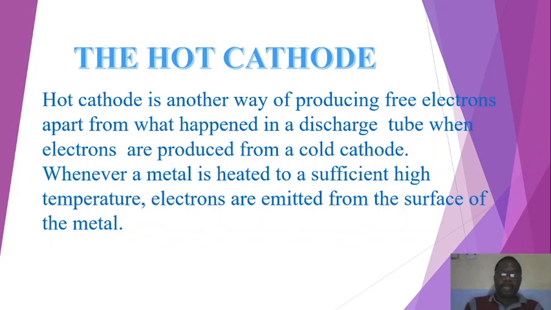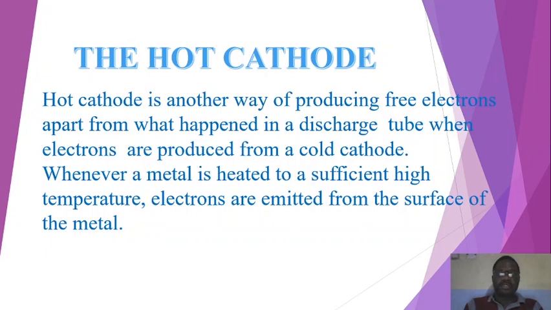We know in the cathode ray, in the discharge tube we discussed earlier, we say that the cathode ray is a stream of electrons, and that it originates from the cathode and moves to the anode end.